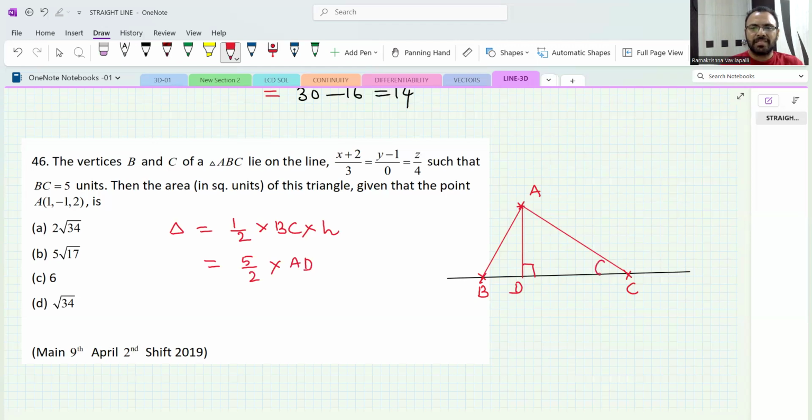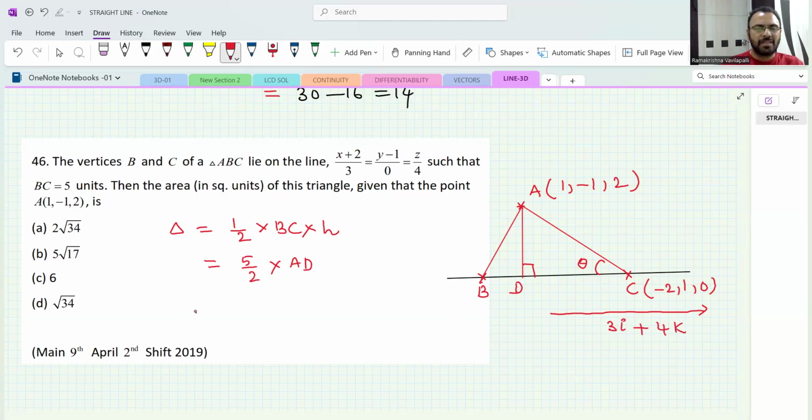Well, assume this is theta. And point A is given as (1, -1, 2). And the line passes through the point (-2, 1, 0). Well, and the line is parallel to which vector? The line is parallel to the vector 3i plus 4k.